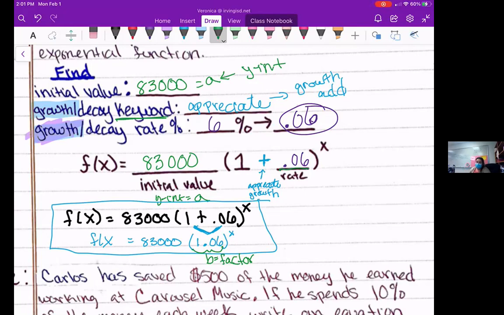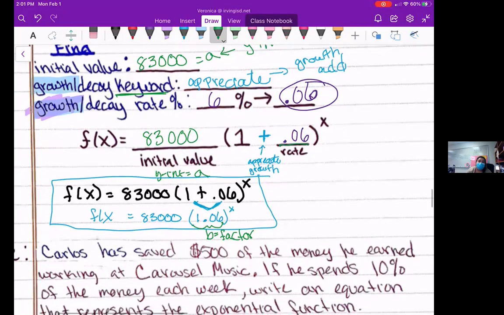So you know that your factor has to be bigger than 1. Is 1.06 bigger than 1? Yes, it is. So then you know that this is correct. You know that that's probably right because 1.06 is bigger than 1. So we're good to go.